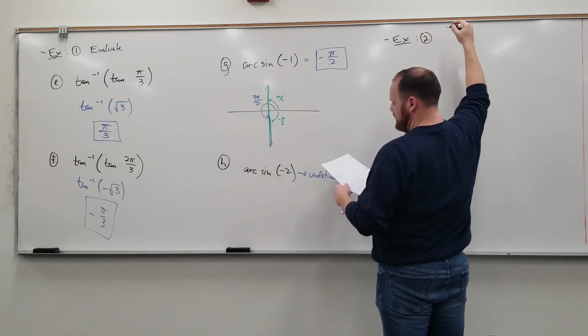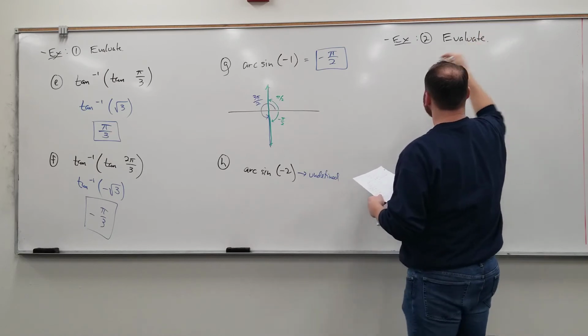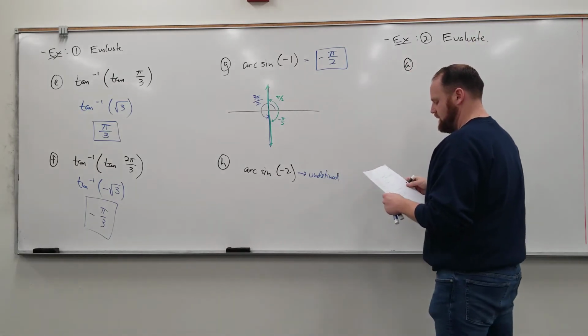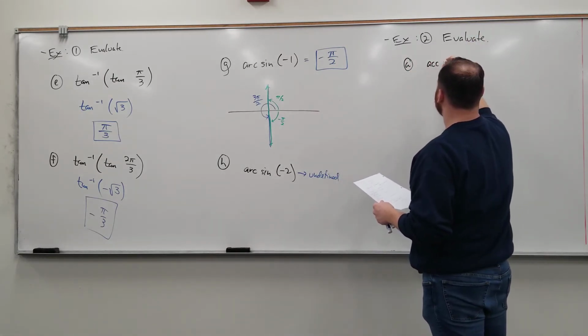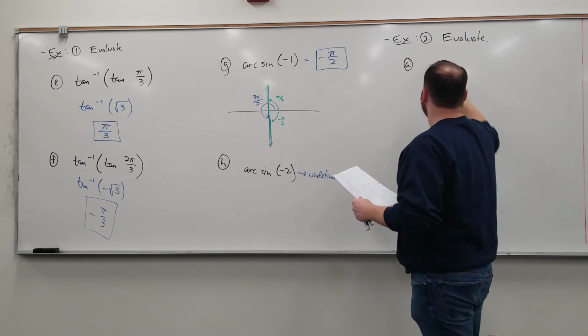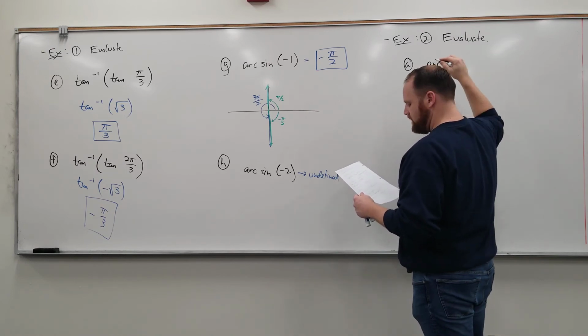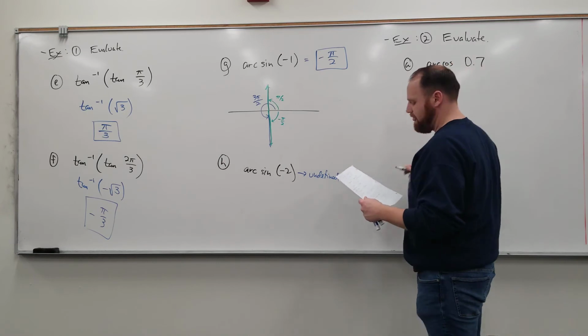So let's use a calculator to evaluate the following things. We'll do arc cosine 0.7.